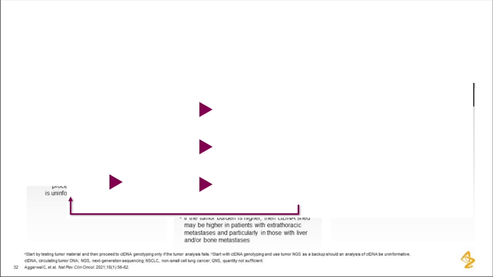If that doesn't work out well, then you get a negative result, then you want to try the tissue rebiopsy. But if the liquid biopsy does give you an actual marker, then you can compare that with the tumor tissue genotyping, and then you start doing reporting. And the lab will send reports to the ordering healthcare provider, and the ordering healthcare provider disseminates the results to the multidisciplinary team.